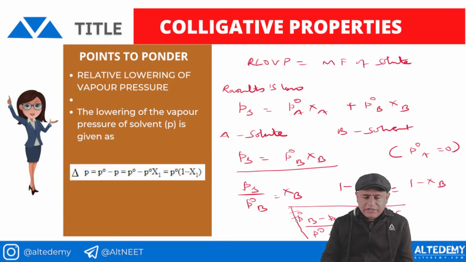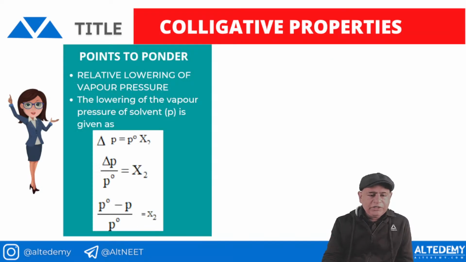The expression in the numerator is called the lowering of vapor pressure, and this entire expression is called the relative lowering of vapor pressure, which is equal to the mole fraction of solute. Basically, by relative lowering of vapor pressure, we want to explain this. This has been explained here also: delta P is equal to P naught X2.